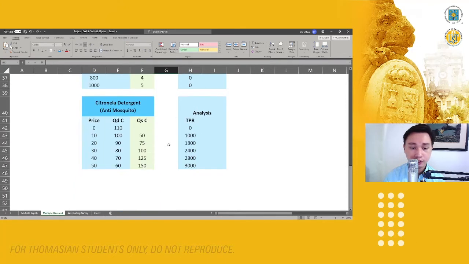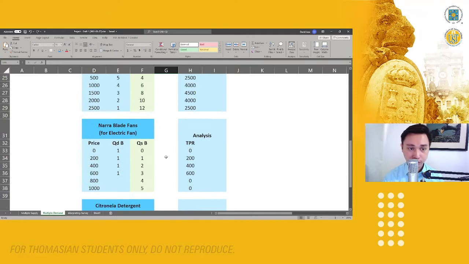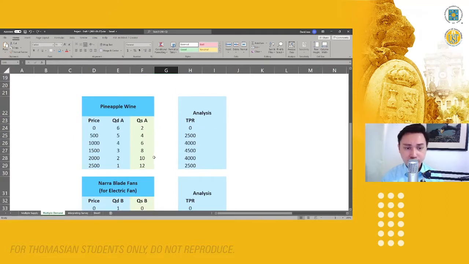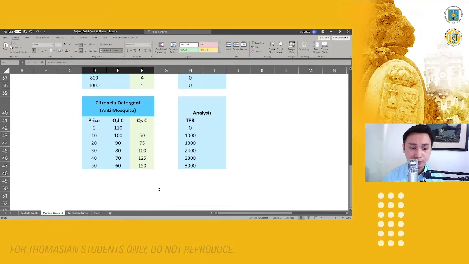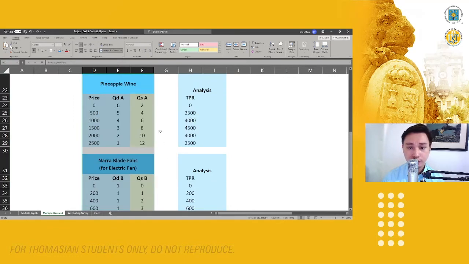And another is citronella detergent, or anti-mosquito. When you wash the clothes, it will become anti-mosquito clothes. I'm not going to say everything is a profitable business, but I know some entrepreneurs who do these things, so I know there is a market.